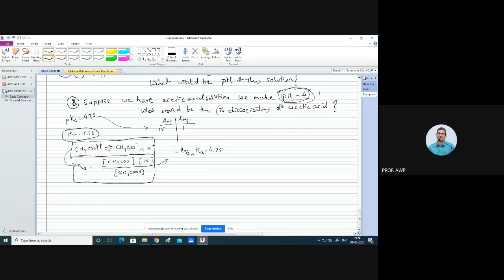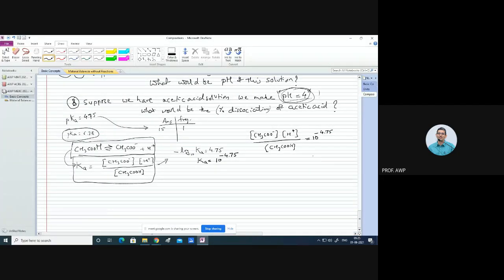If minus log to the base 10 Ka is 4.75, that means Ka is 10 raised to minus 4.75. So the equilibrium between the acetate ion and the H plus ion and the undissociated acetic acid has this value, 10 raised to minus 4.75.